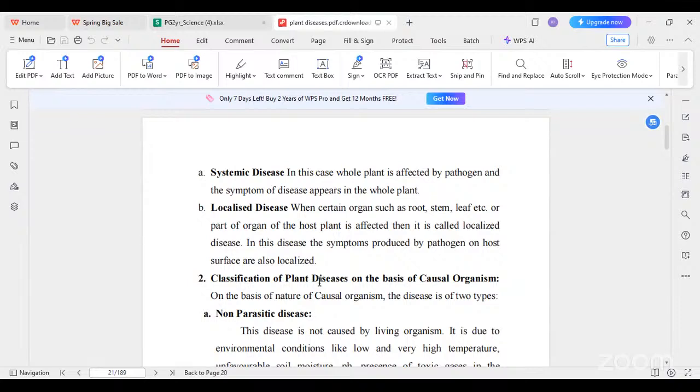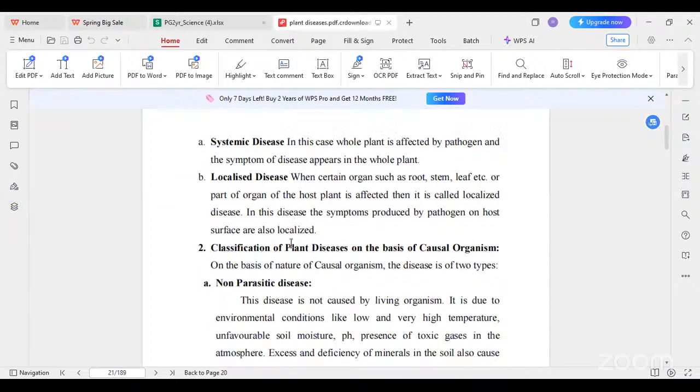In this case, the whole plant is affected by the pathogen and the symptoms of the disease appear in the whole plant. Localized disease: when certain organs such as root, stem, leaf, etc. or part of an organ of the host plant are affected, then it is called a localized disease. In this disease, the symptoms produced by the pathogen on the host surface are localized.